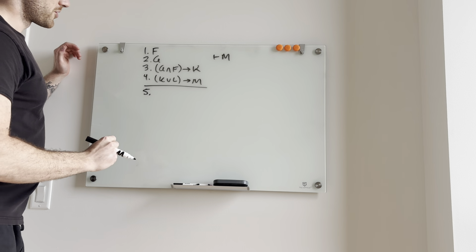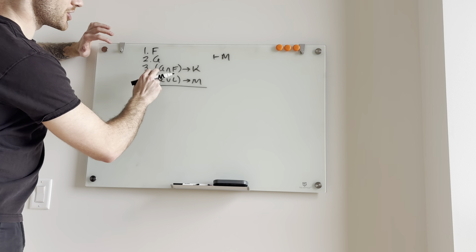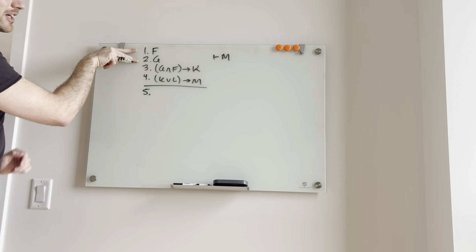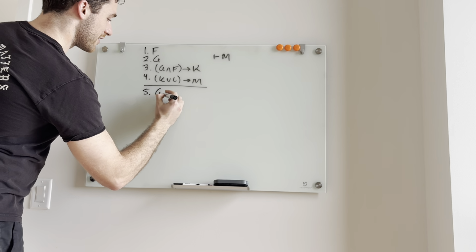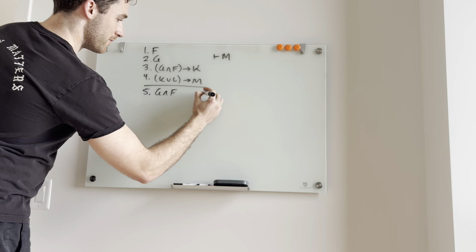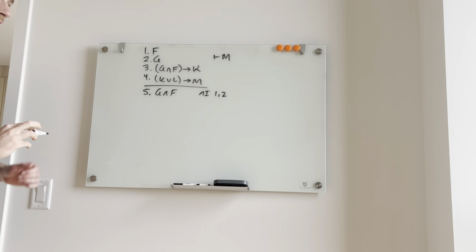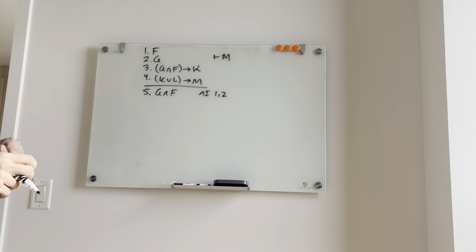Okay, so how we can do this, we see that the sentence G and F is involved here, right? G and F. I get them separately right there, right? So I can just stick them together with an and symbol. That's and introduction from 1 and 2, right? I get both sentences separately, so I can put them together like this.